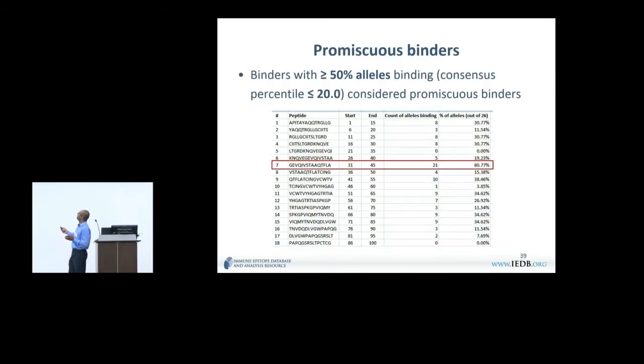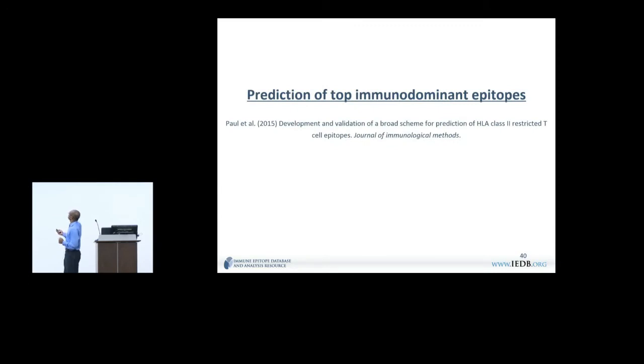I did the prediction for the 26 alleles for our sequence, and these peptides bind with different numbers of alleles. If I check the percentage of alleles that each peptide binds, there's only one peptide that binds with more than 50% of alleles. So from this sequence, I get one predicted promiscuous binder. That's how you can do the prediction of promiscuous binders using this class 2 binding prediction tool.